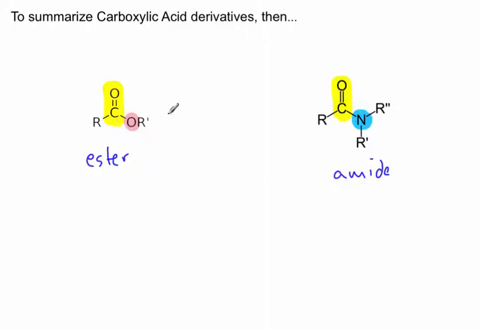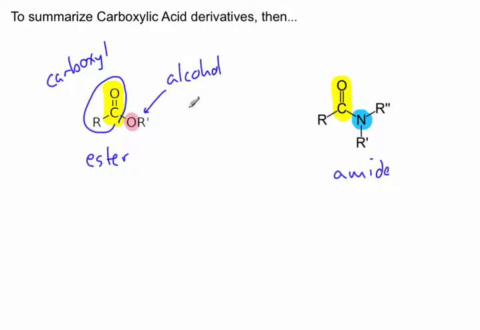And the esters originate from a carboxylic acid, and that's shown here. This component would come from a carboxylic acid. And this component then comes from an alcohol. So a condensation reaction between a carboxylic acid and an alcohol produces an ester, and it also produces water.